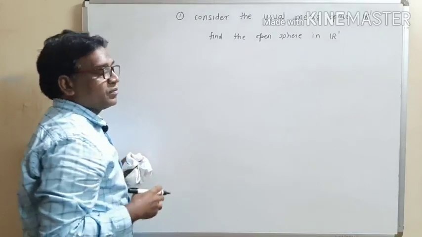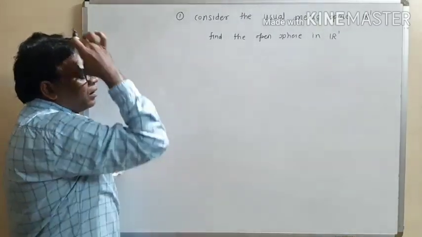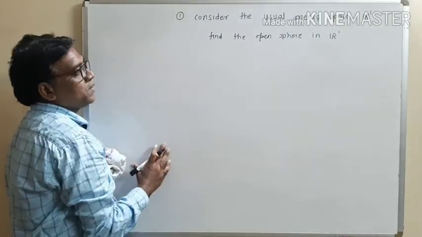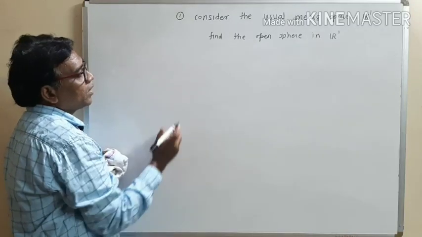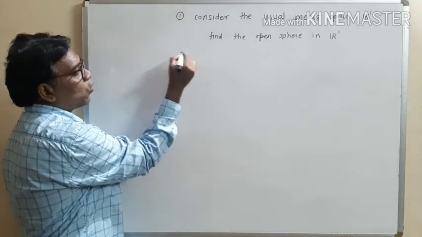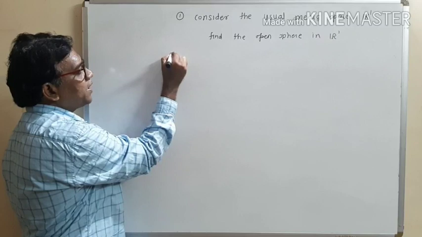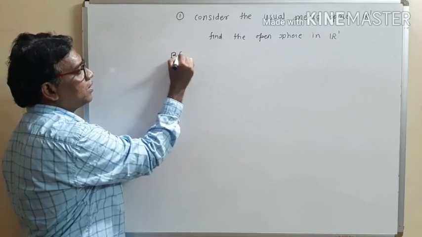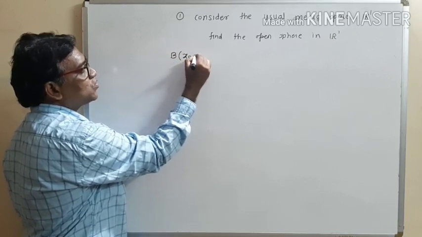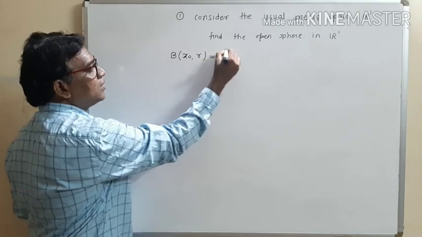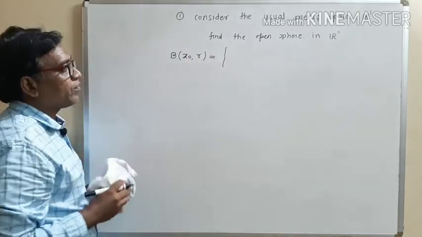This is our question. Now see how to find the open sphere in the real line. The open sphere is denoted by the notation B with center at x0, suppose, and radius r. So find this open sphere.